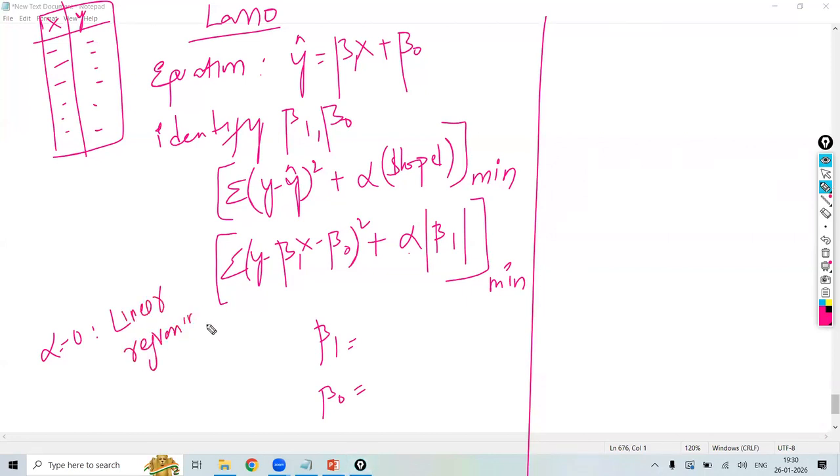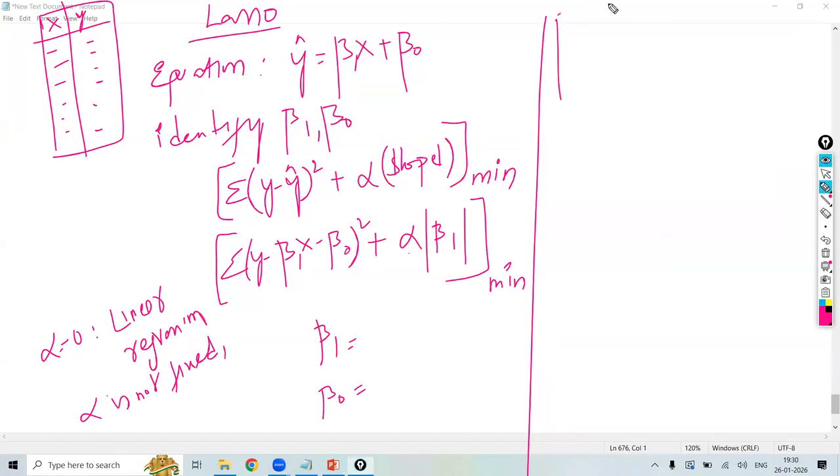We are going to try alpha is equal to 1, alpha is equal to 2, alpha is equal to 3. Like this, we are going to try different alpha values. Alpha is not fixed. Right?